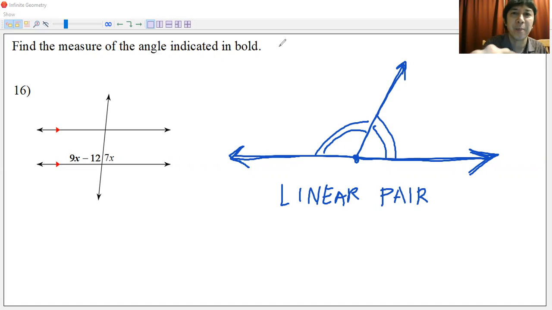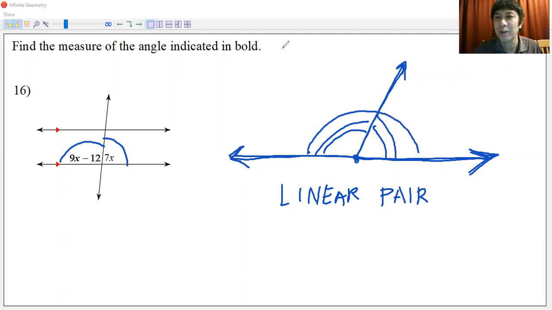Remember, the sum, this added to this, equals 180, half circle. If you go around it, that's another 180, making it 360. So this is 180 degrees total. So much for the definition.